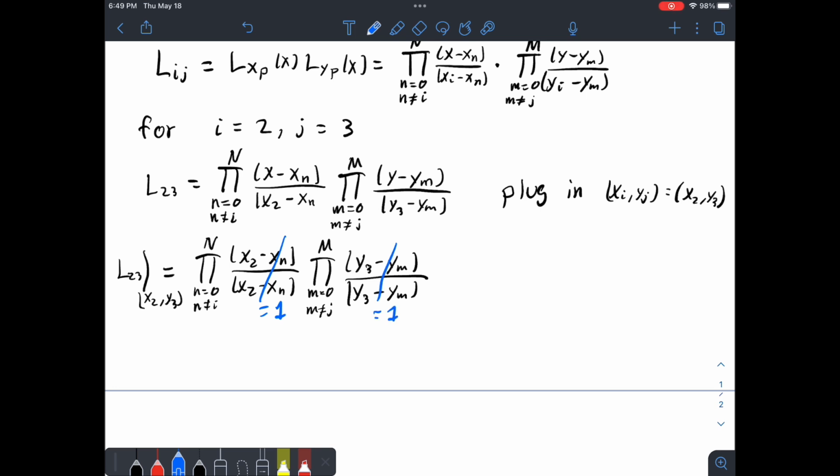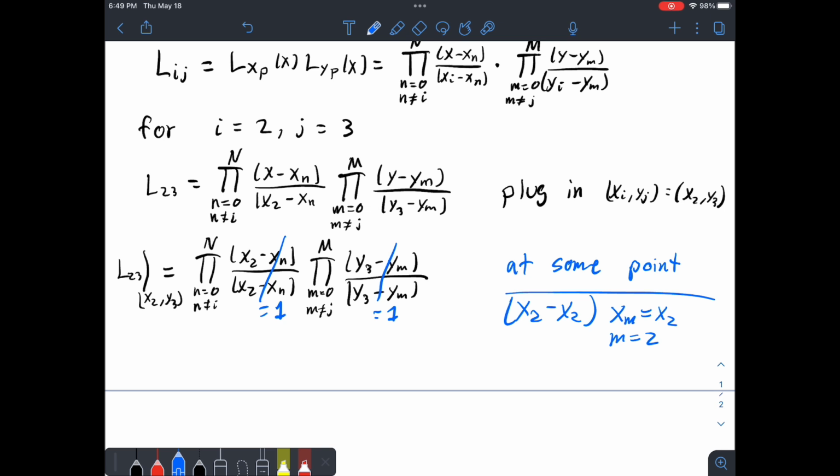So now we have to check, does it equal 0 everywhere else? That's going to be a more complicated answer, but what's going to happen is, I never specified how many n and m there are. So at some point in the expansion, if we got rid of the product notation, we would have x2 minus x2, because xm would equal x2 when m is equal to 2.